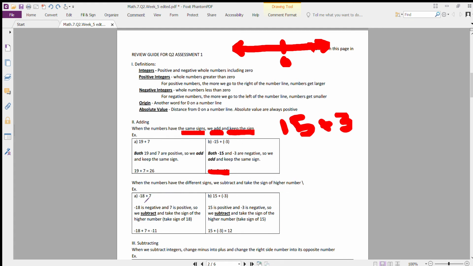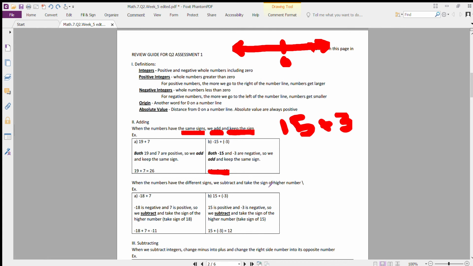So let's say we have negative 18 plus 7, right? They have different signs: negative 18 is negative, 7 is positive. So we subtract and then take the sign of the higher number, in this case 18. So negative 18 plus 7 equals negative 11.